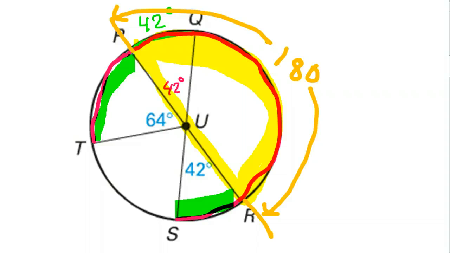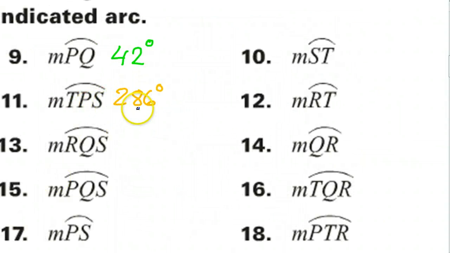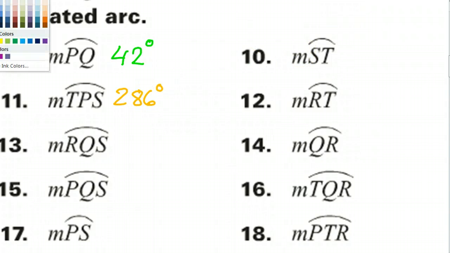Okay, so we just calculated that the rest of the circle, everything else, was the previous answer, and that was 286. Granted, I was supposed to do this first, but same concept.